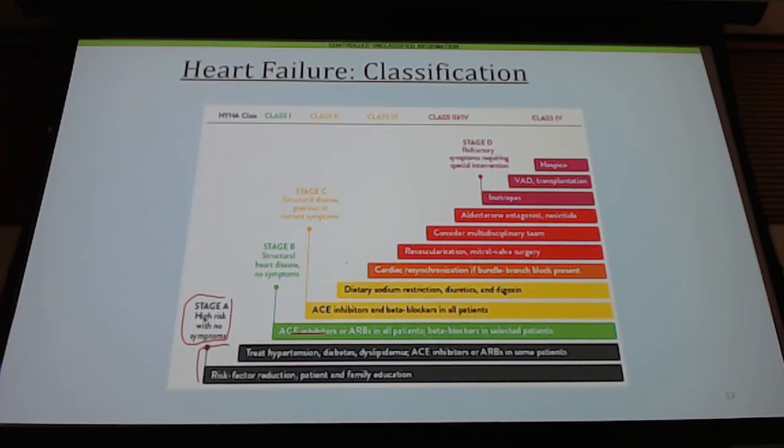You can see as you move up the steps, not only are you moving up the ACC-AHA staging guidelines, but you also are moving up the NYHA functional limitation as well. By the time you're getting into stage D ACC-AHA, you are reaching that class 4, that severe functional limitation.